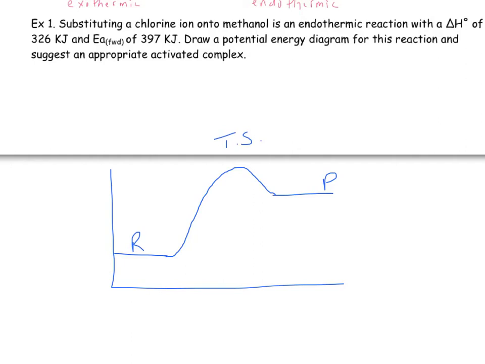Now the delta H is the difference in energy between the reactants and the products. As a double check, remember it's a positive delta H. That means your arrow should be going up. Now the EA forward is the difference in energy between the reactants and the transition state.